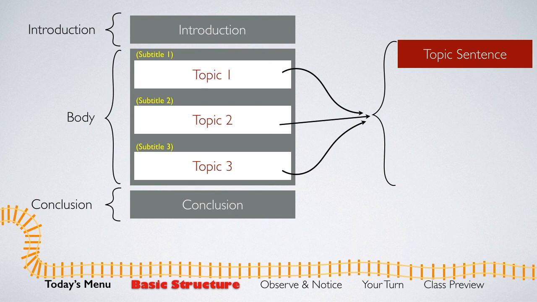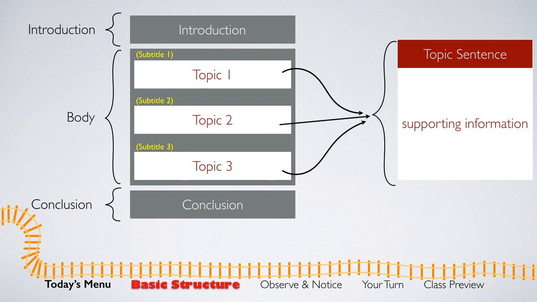Then, the rest of the paragraph provides examples and details to support that topic sentence. The balance is kind of similar to the background information and thesis statement in the introduction, but it is important to note that the topic sentence usually comes first, whereas the thesis statement was the last sentence in the introduction.